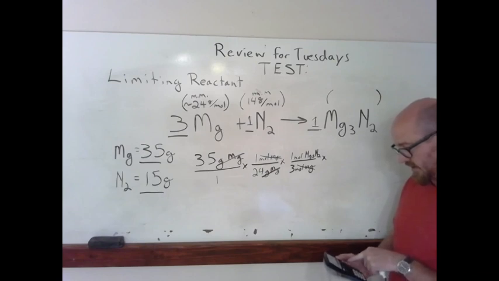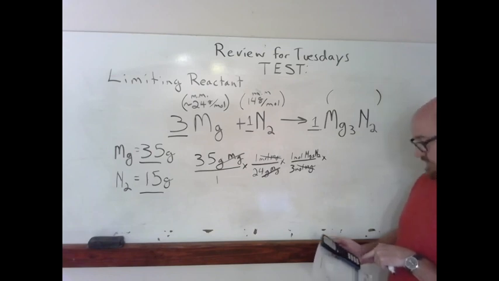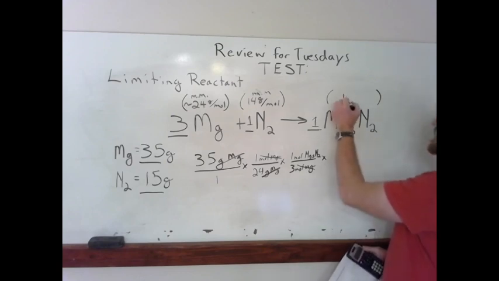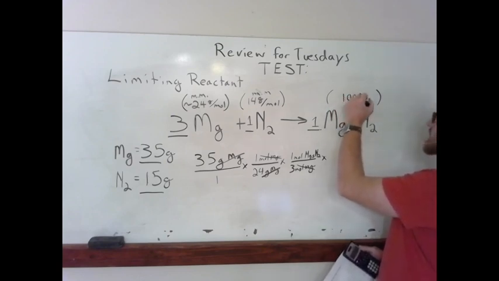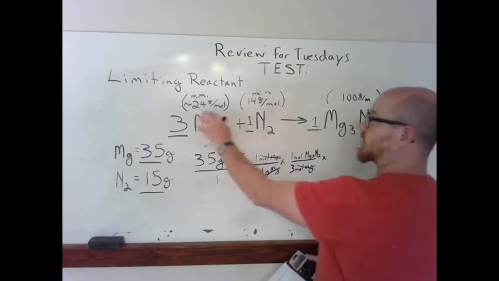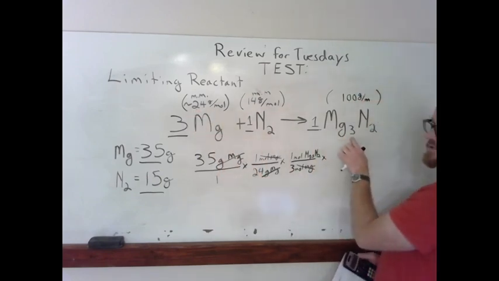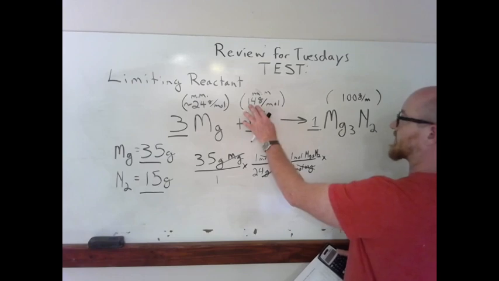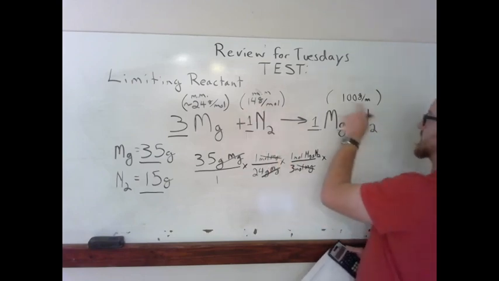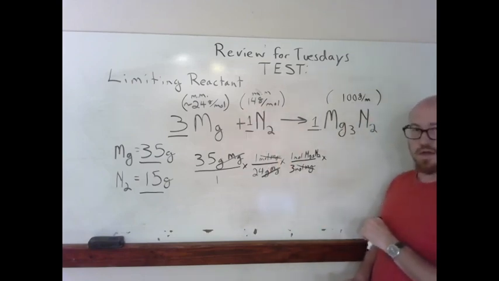I said 28. There we go. 100. So we've got 24 times 3 plus 14 times 2 gives us 100.